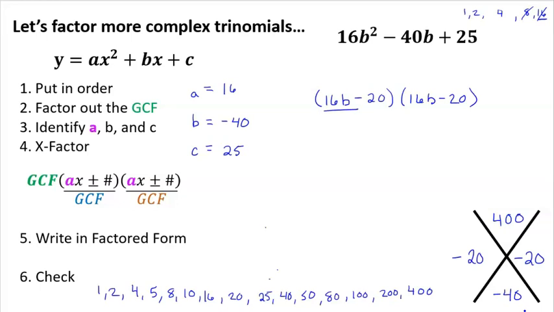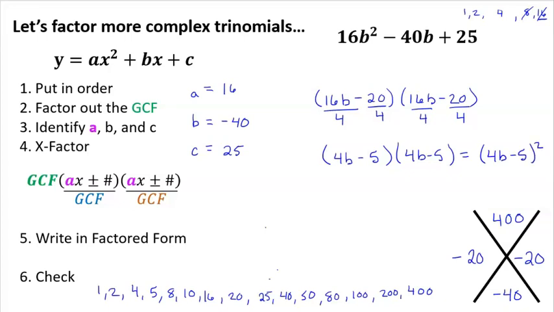I know that 4 goes into both of these, and I get 4b minus 5. And because it's just 2 sets of the same thing, we could write this as 4b minus 5 squared.